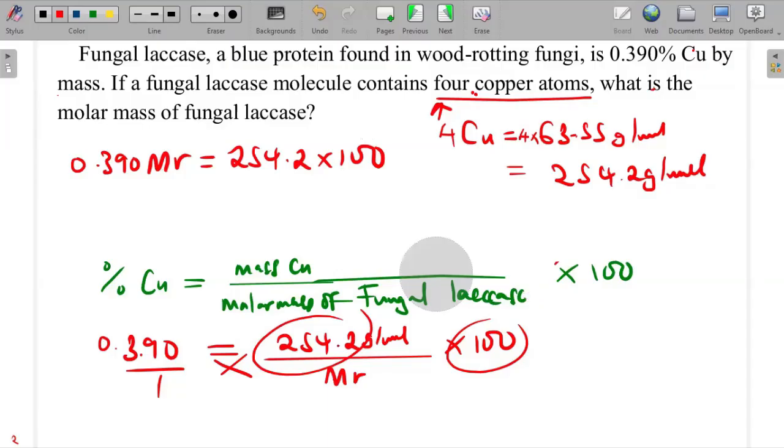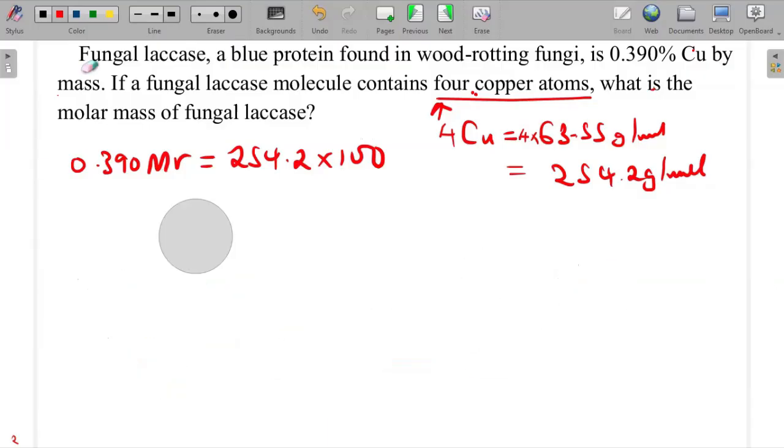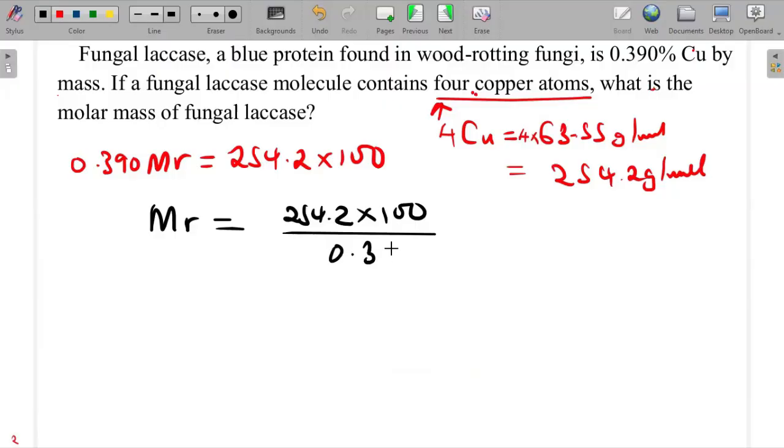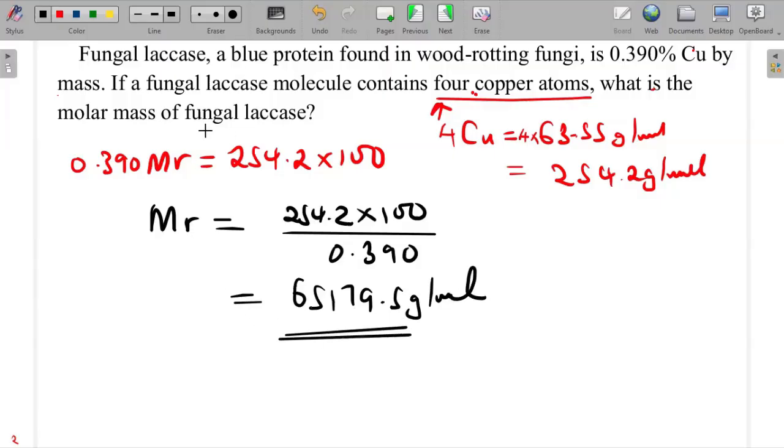So MR is equal to 254.2 times 100 divided by 0.390. Make sure you punch this onto the calculator. The answer that I get here is 65179.5 grams per mole. So this is the molar mass of this fungal laccase.